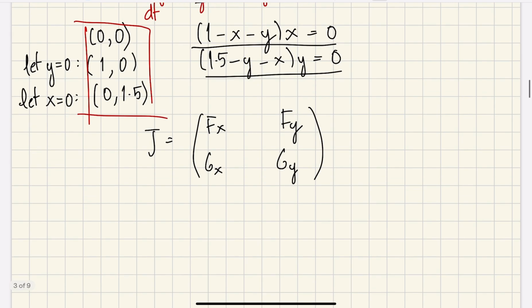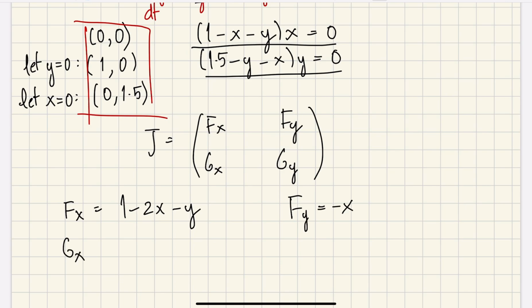So taking the partial derivatives, we have f of x is equal to 1 minus 2x minus y, f of y as minus x, g of x as minus y, and g of y as 1.5 minus 2y minus x.